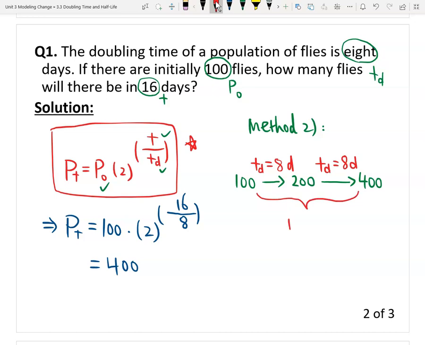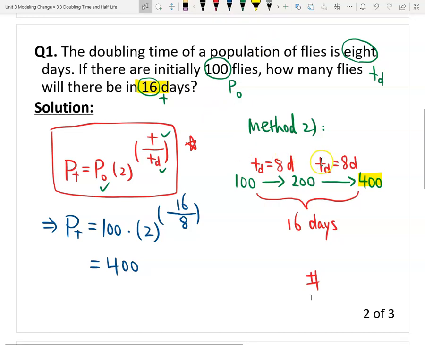See, 16 days. That's exactly 16 days as in the question, which means 16 days cover 2 doubling times. Therefore, we can directly find that the answer is 400. Make sense? So the same answer.